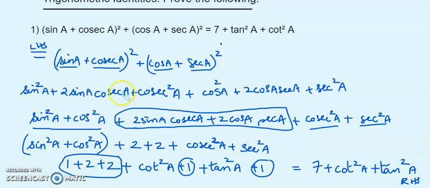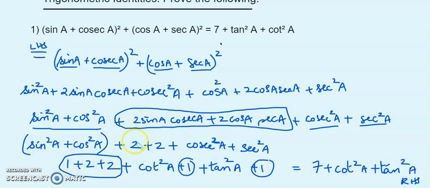Correct? So what did I do? I've applied the algebraic identity a square plus 2ab plus b square as the first step. The second step, I've just rearranged based on the trigonometric ratios, that is sin a cosec a and cos a sec a together. And then sine square a plus cos square a has a trigonometric identity. Similarly, cosec square a and sec square a, I've just placed at the end. So sine square a plus cos square a is 1.